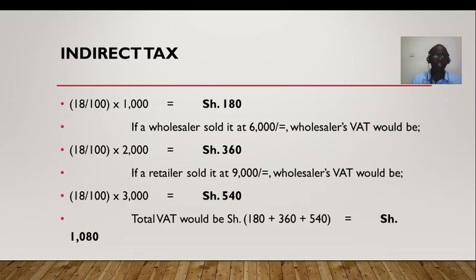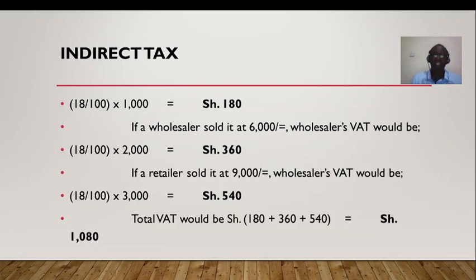Similarly, if a wholesaler sold it at 6,000, from 4,000 to 6,000, the value added is 2,000, and assuming VAT is 18%, it is 18% of 2,000, which is 360.